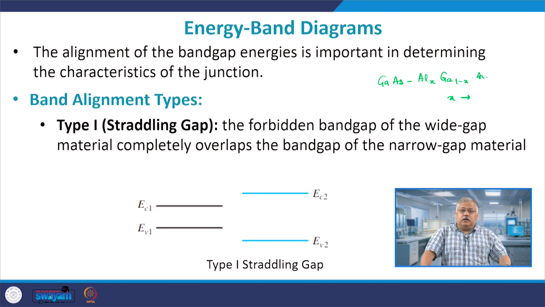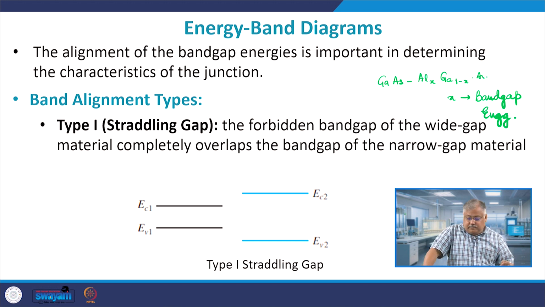In that case, you possibly will not get a very sharp edged interface between the band gaps, and as the X value changes, you will have the band gap change in a very smooth fashion, and this is known as band gap engineering, right. So, this is the band gap engineering which we refer to.